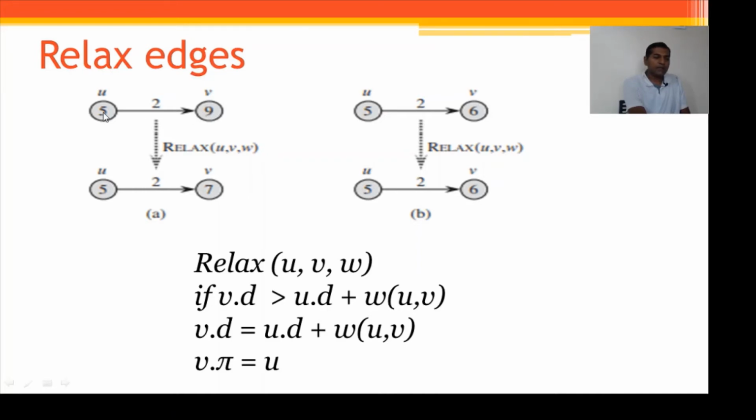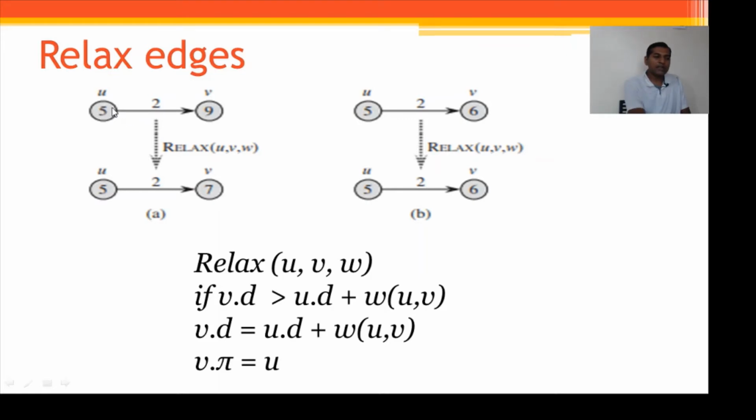This 5 is calculated from the source to u, the distance is 5. And v has been discovered through some other vertex, and the cost of visiting v is almost 9. But now we are trying to find a distance of v from u.